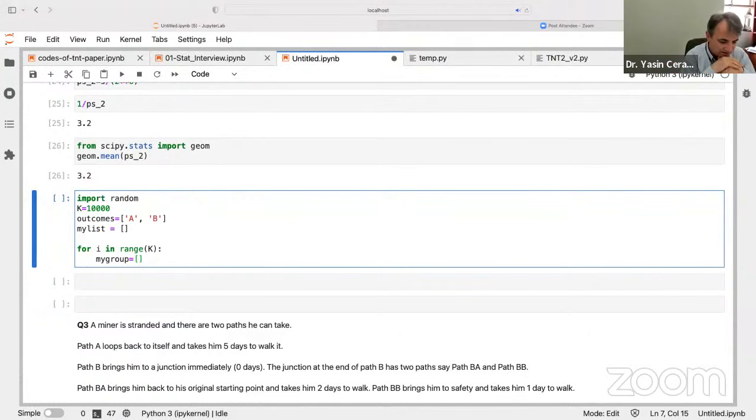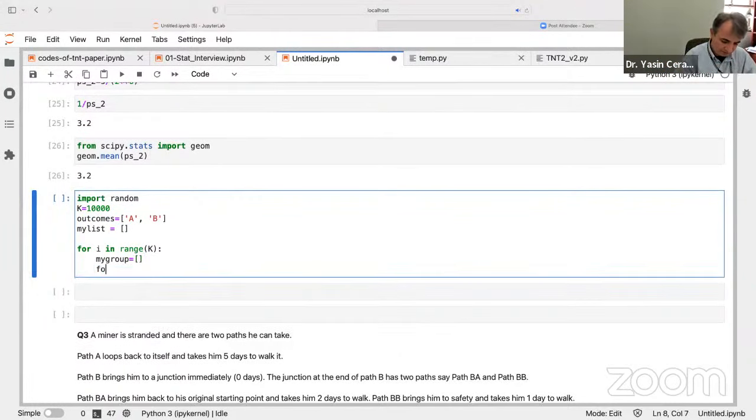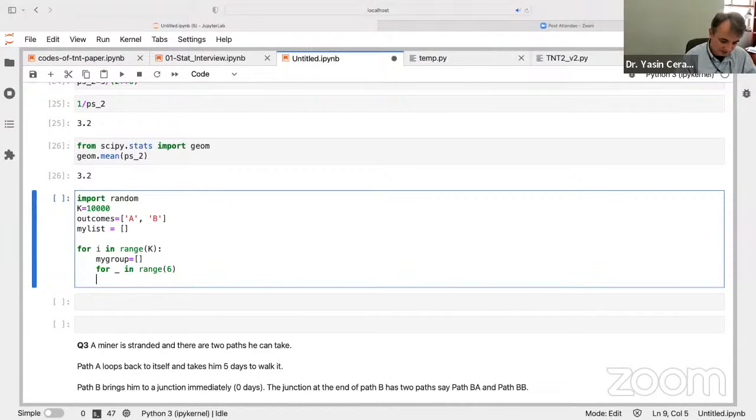You can write this code in many different ways; I'm writing it in the most explicit way that I could think of. There are 6 people. Each person will pick either A or B, and I'm going to put that A into the group. For each person, I will make a random choice from the outcomes.